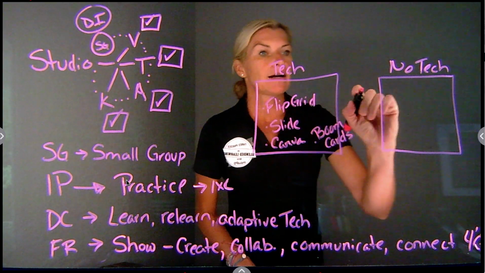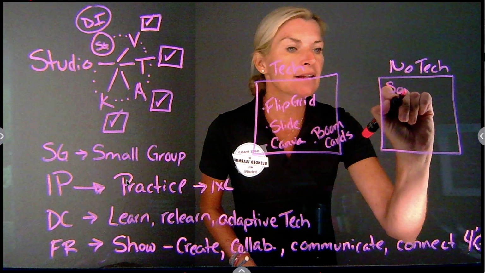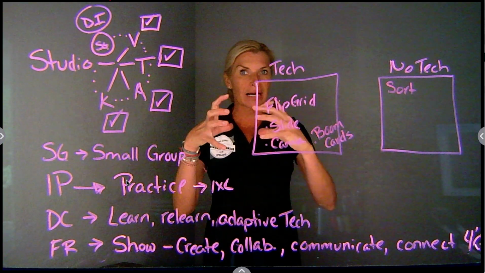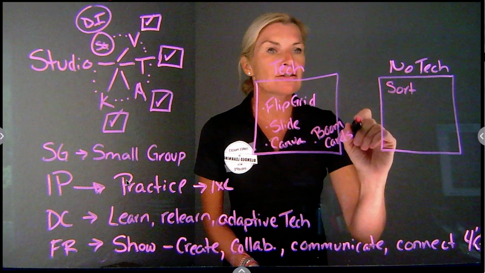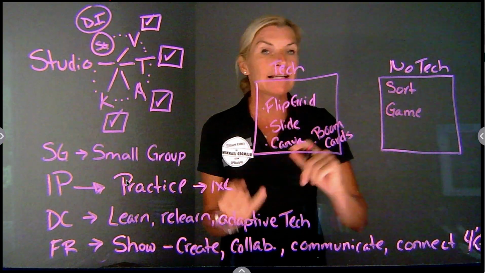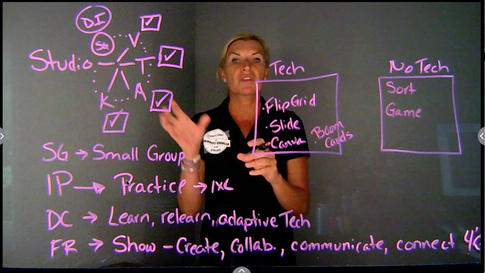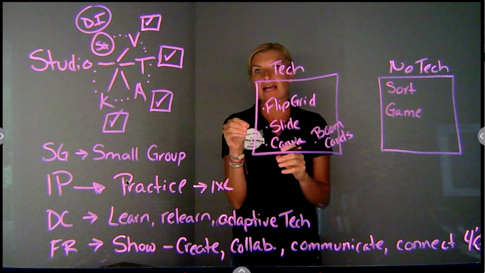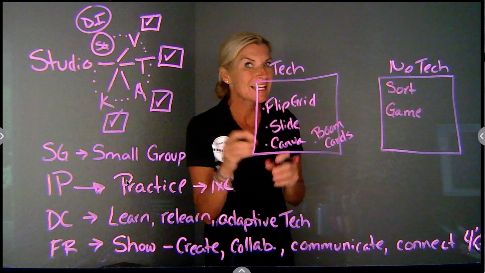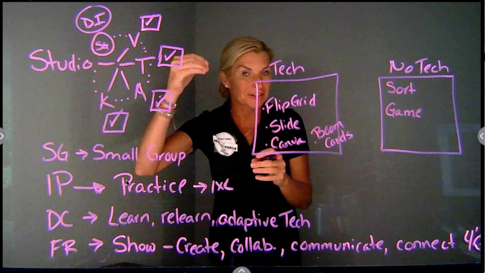No tech. I love sorts. Anything that the kids had to actually physically sort, move things from one place to another, match them. Another one I like to do are any board games. Games such as Connect 4, Jenga, where the kids pull out questions, or pull out a Jenga piece, and together they have to answer that question that's on the Jenga piece as a team. Then they get to build.